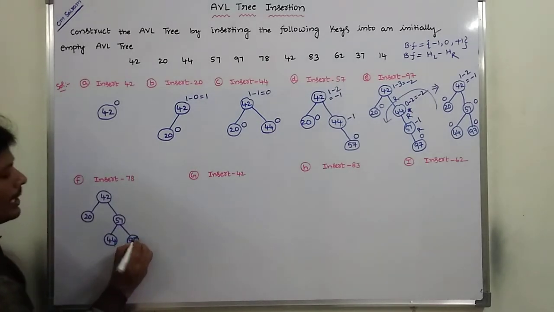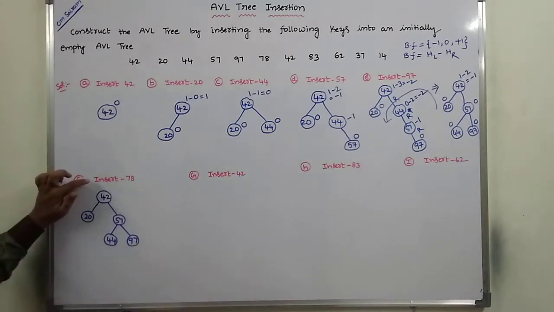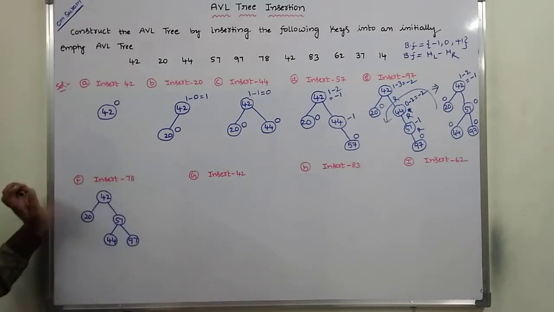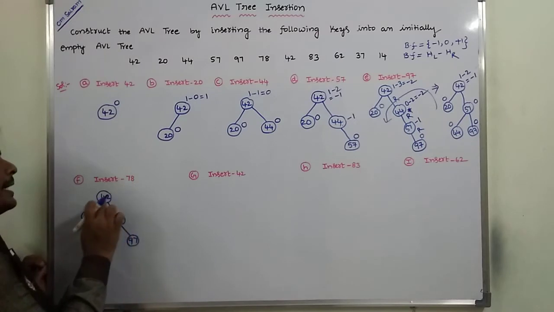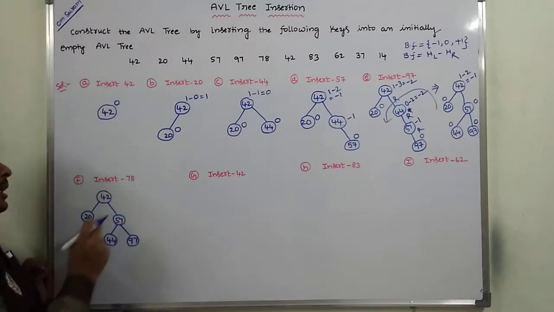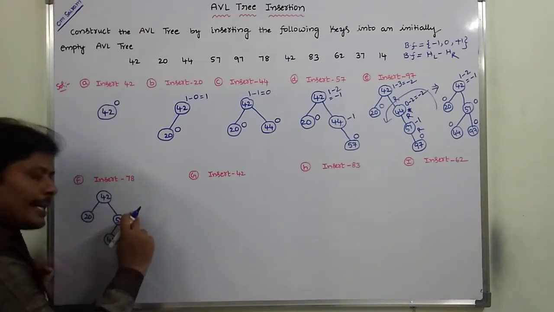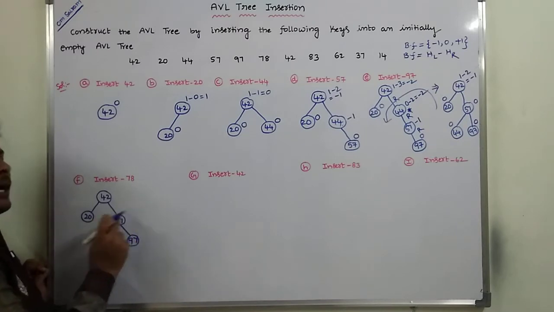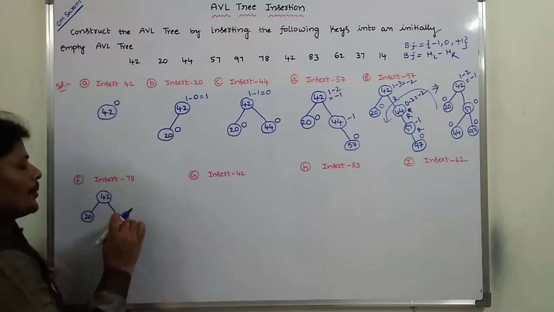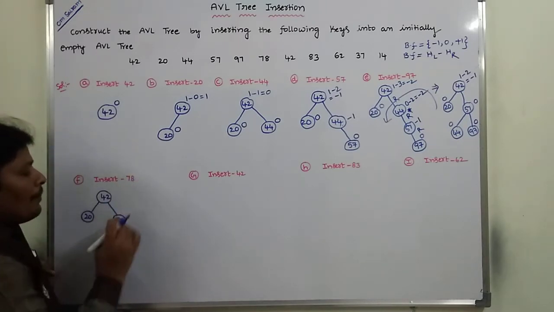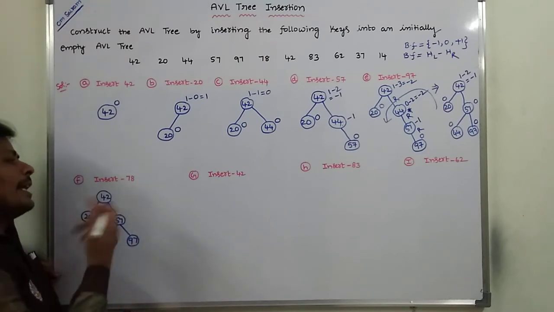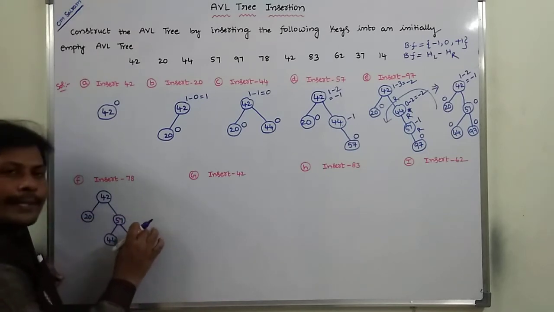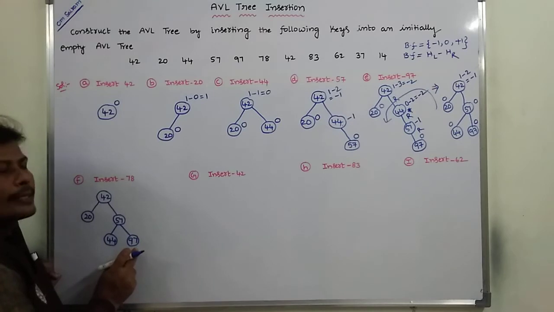Now we are inserting key 78. 78 is compared with 42. It is greater, so go to the right subtree. In the right subtree, the first node is 57. 78 is compared with 57. 78 is greater, so go to the right subtree. Here 97 is there.